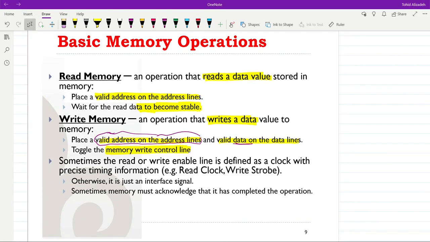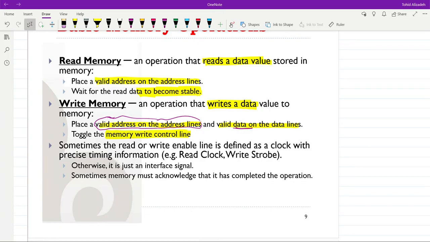For the read and write operation, sometimes we have the read or write enable line defined as a clock with precise timing information as well. Then we call them read clock and write clock. Otherwise, they will just be in the form of an interface signal.